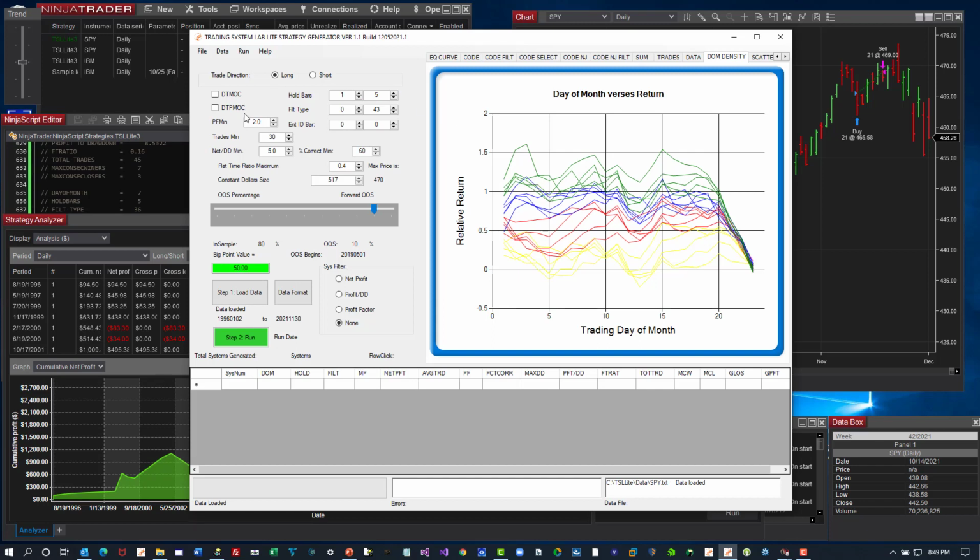I'm going to use all the default settings except for one. I'm going to change the size of the account to $10,000. So we're going to assume that we're trading $10,000 worth of the SPY market. We call that the constant dollars setting. I'm also going to set the big point value to 1 because this is an ETF, so its BPV is 1, and run it.